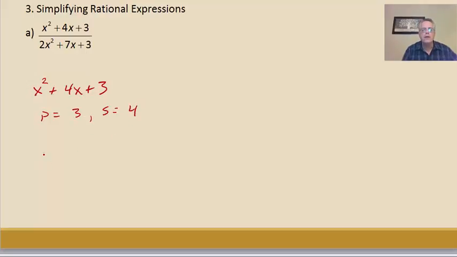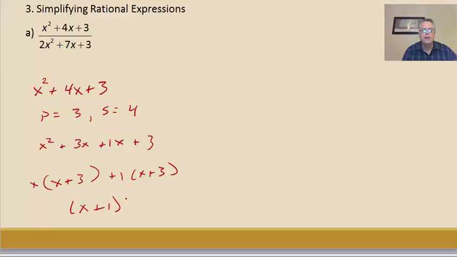Well, 3 and 1. So I can write x squared plus 3x plus 1x plus 3, or x plus 3 times x. I need an x plus 3 here, so this must be plus 1. I have x plus 1 times x plus 3. Wow, that's the numerator.